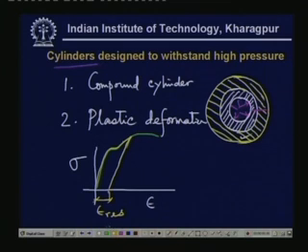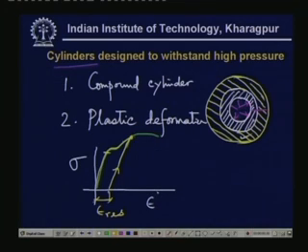If we increase the load again, it goes to this point. Therefore, we see that the maximum load which could be taken by this material has increased. Therefore, it is possible to make the cylinder withstand a high pressure by plastic deformation.